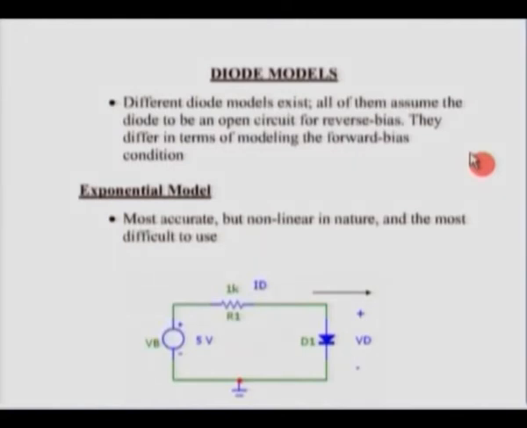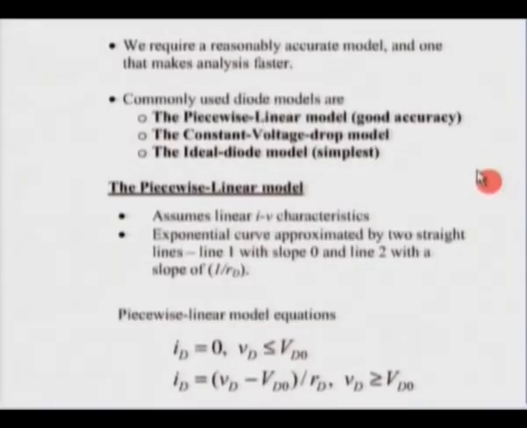different diode models. We talked about the exponential model, which is a very accurate model and is very useful if you have a simple circuit and you want to find out the exact voltage and diode current. But unfortunately it is not very easy to use, and we talked about three more models.